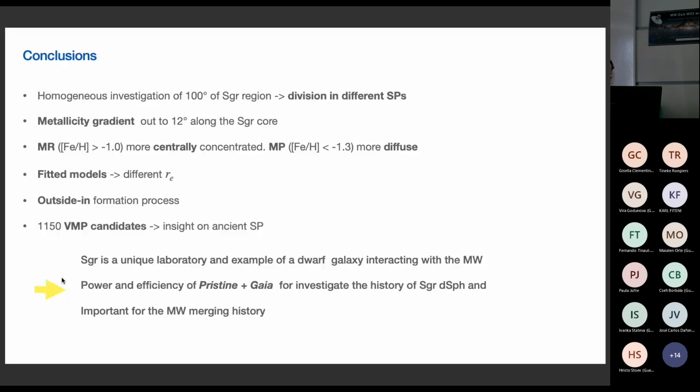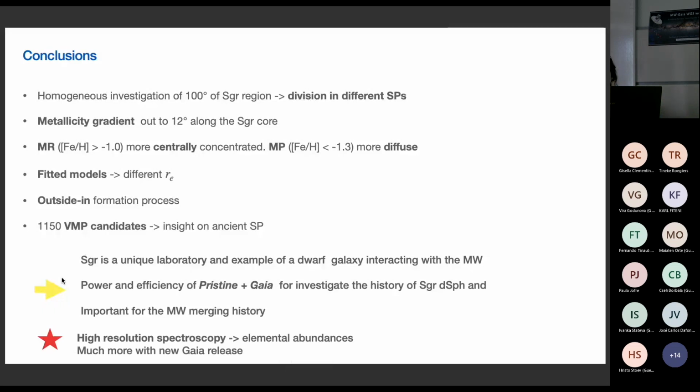The power that comes from this combination enables us to investigate the history of this dwarf system, which is important also to gain a deeper knowledge of the Milky Way's merging history.